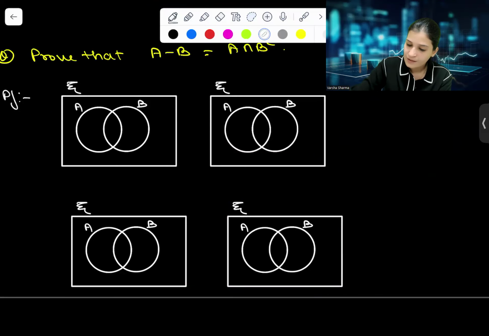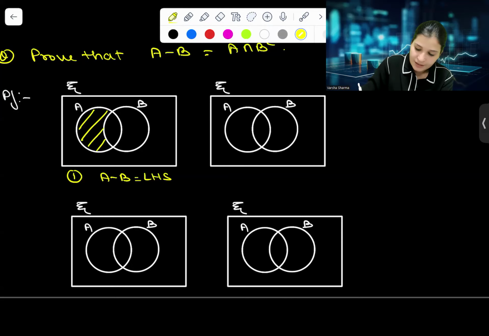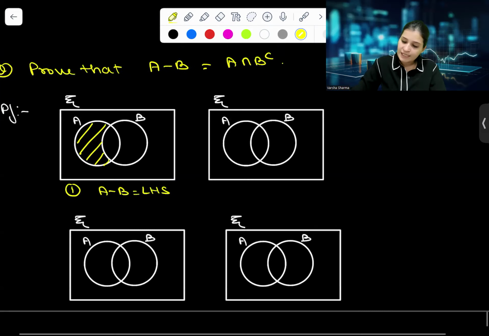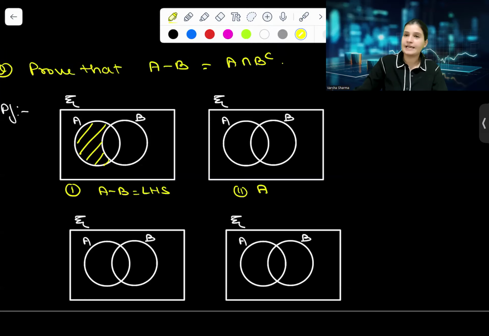Done? So first table. I want to plot A minus B, that is my LHS. So A minus B is this part. Done? Now for my RHS, it is a combination of a few operations. So in my table 2, I'm only marking A. A is this entire circle.